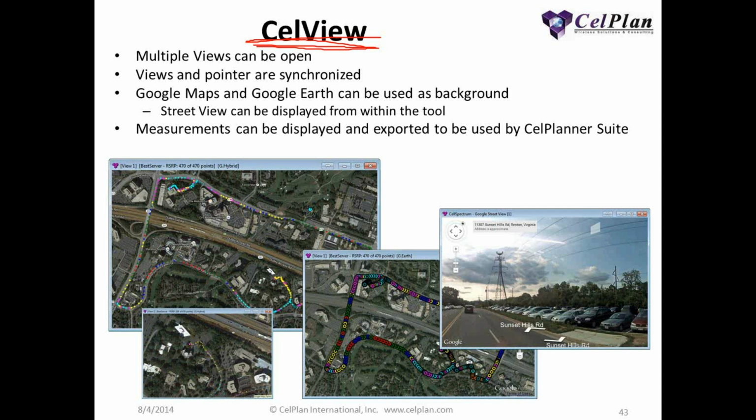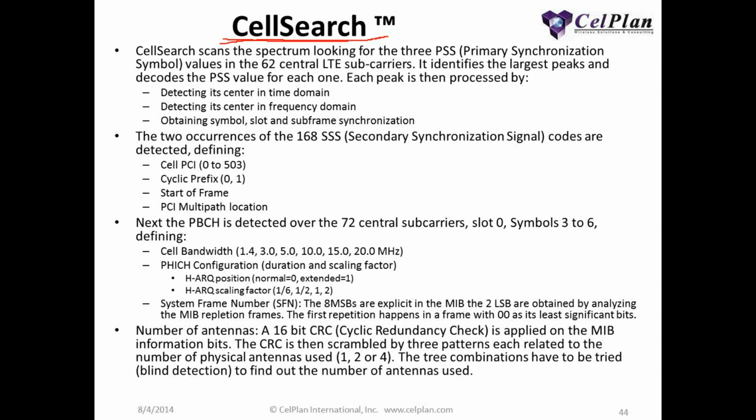Everything starts when we look for the 3 possible PSS sequences available on the 62 central LTE subcarriers. Those sequences have a very important characteristic. They are Zadoff-Chu sequences, and each one of those sequences is orthogonal to its shifts.